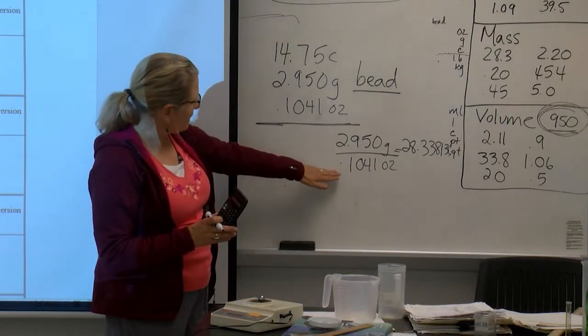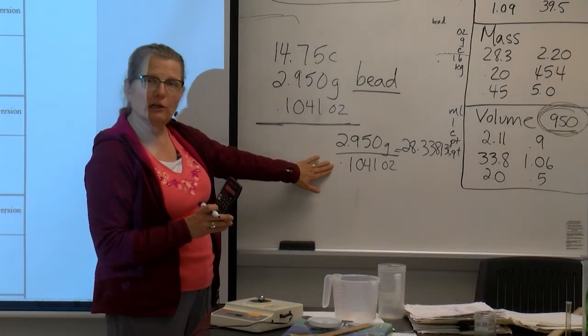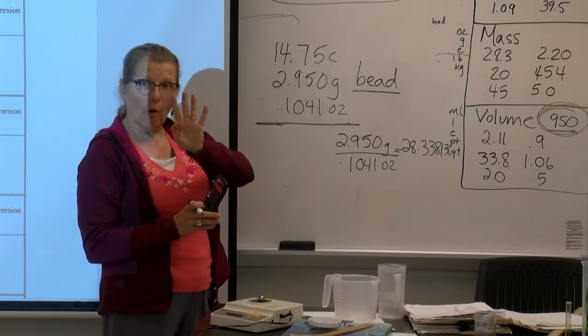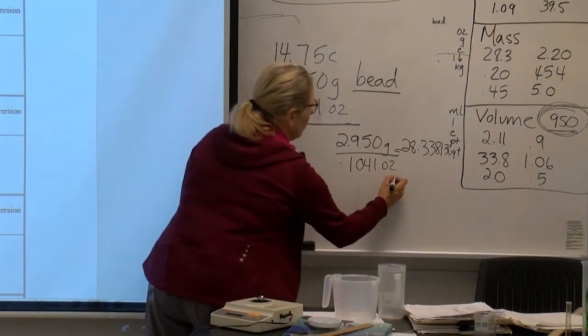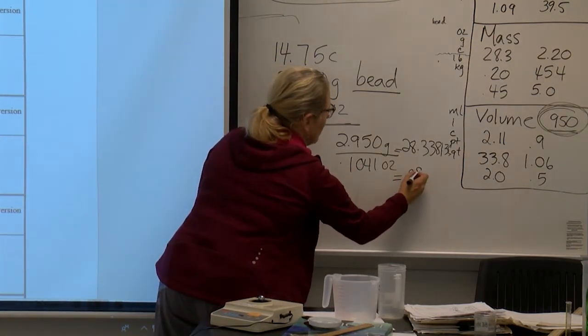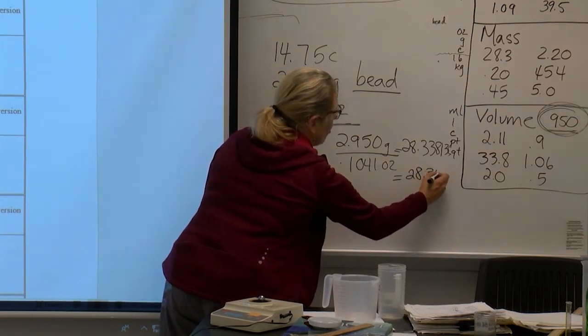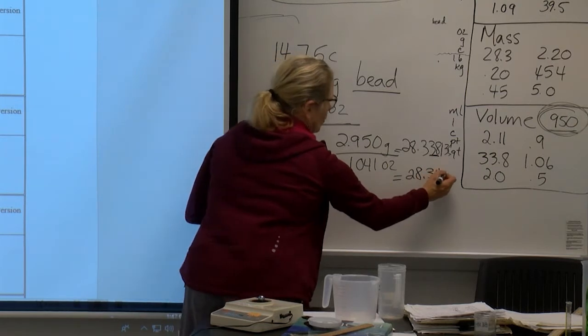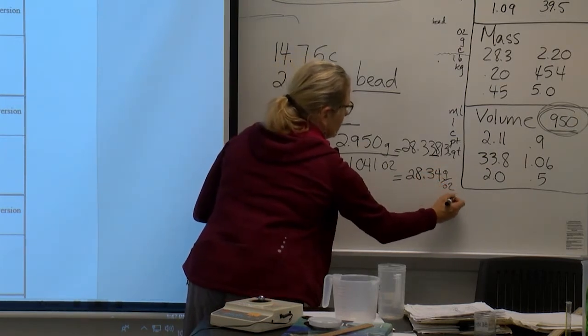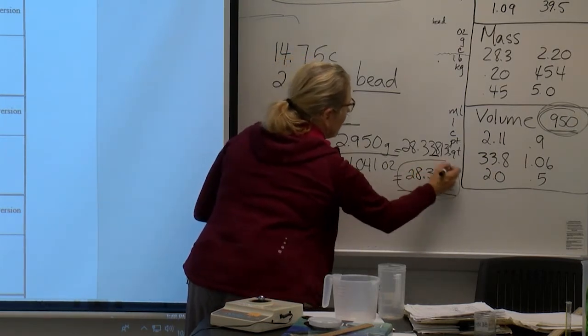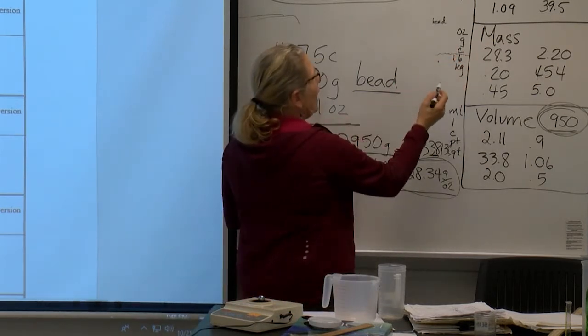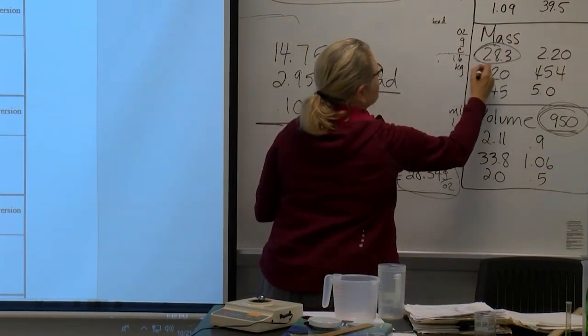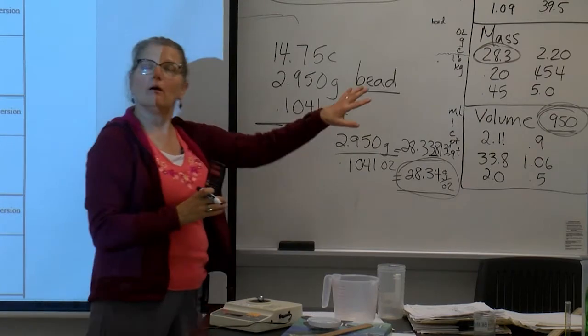How many sig figs am I limited to in my answer? I'm limited to 4, so I have to now bring that number to 28.34 grams per ounce. I look at this number, it happens to match that one right there.